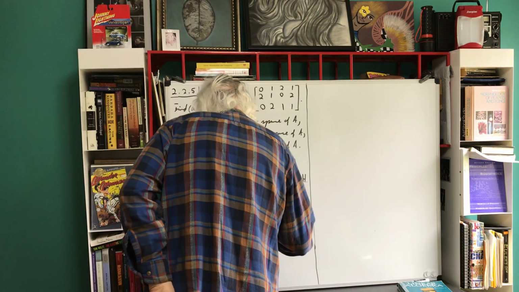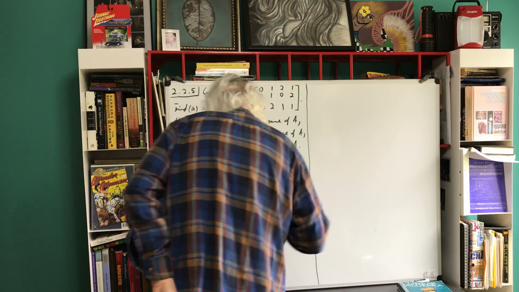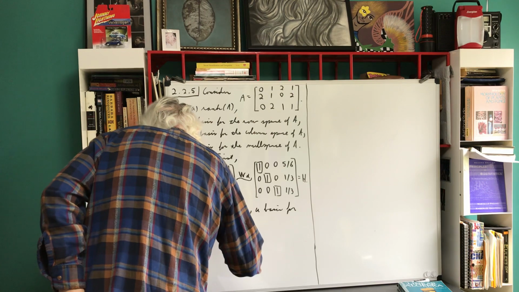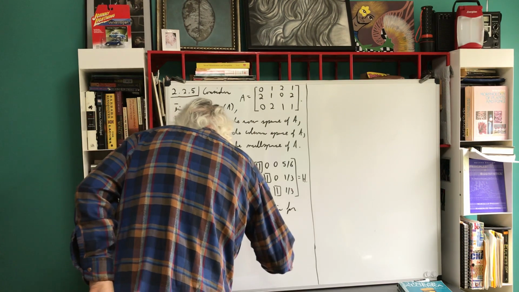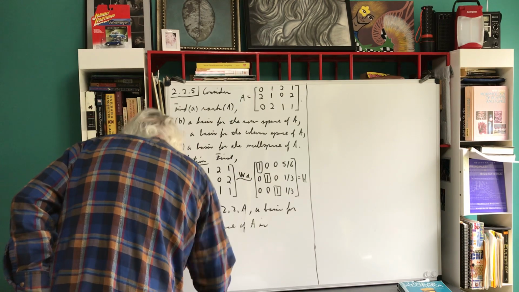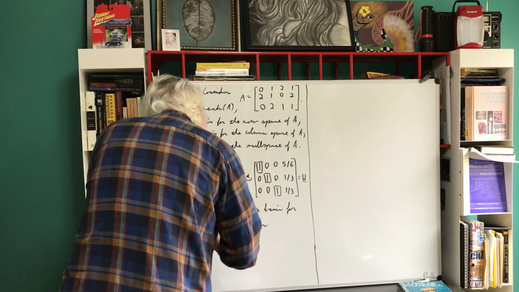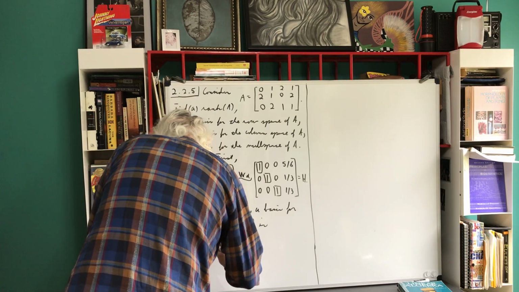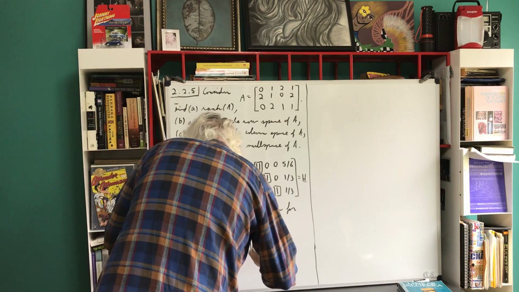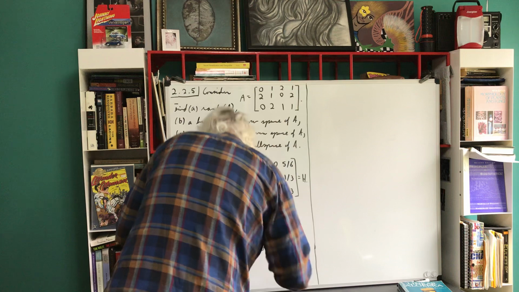So by note 2.2.A, a basis for the row space of A is the set consisting of the non-zero rows of H, of which there are 3.